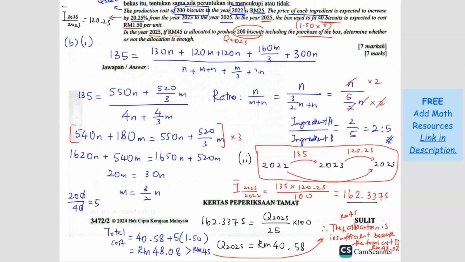So when you times and you plus the price of the 200 biscuits, you will get the total cost, which is 48.08 ringgit. So this amount is already more than the 45 ringgit allocation. So that's why we can say that the allocation is insufficient, because the total cost is 48.08, which has already exceeded the 45 ringgit. Okay, so I hope you guys understand. This is the full explanation of this question.